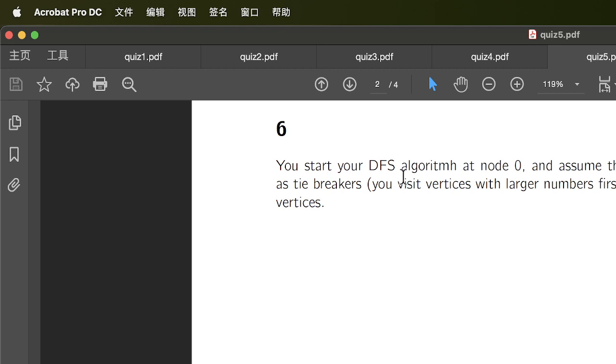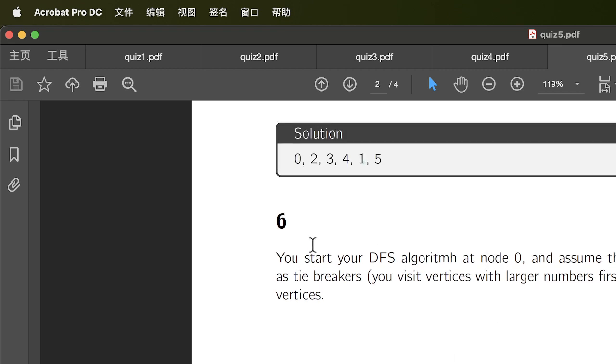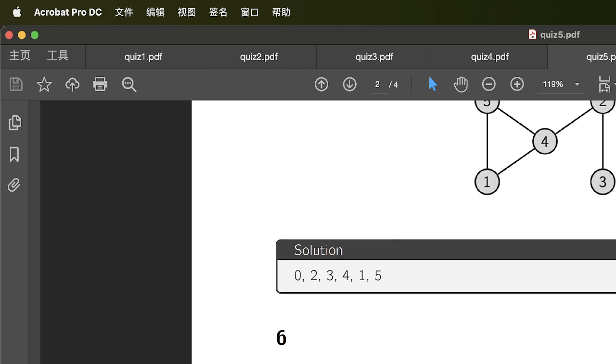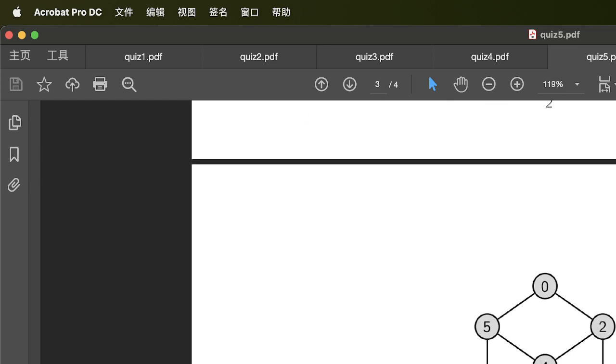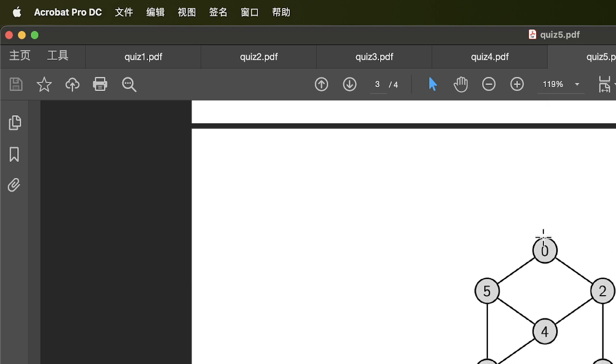Number 6. The only difference between question 6 and 5 is that this time we need to visit vertices with the larger number first. So we do it again with the larger number first. We start from the root 0, and there's a tie between 2 and 5, and this time we visit the larger number first, so 5 first.